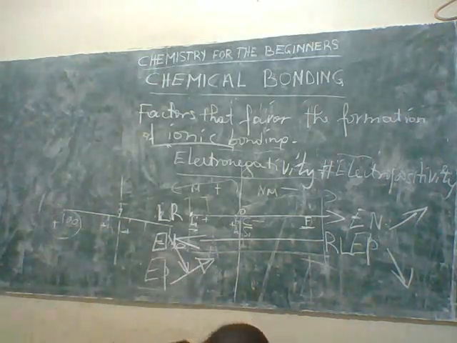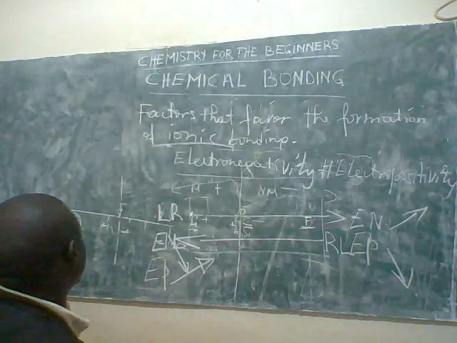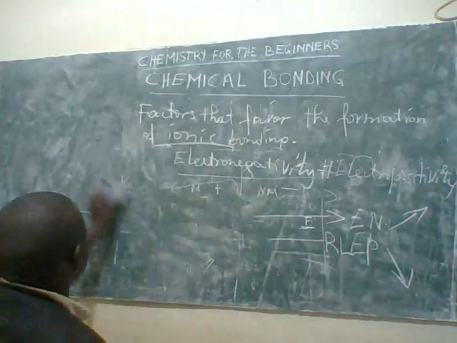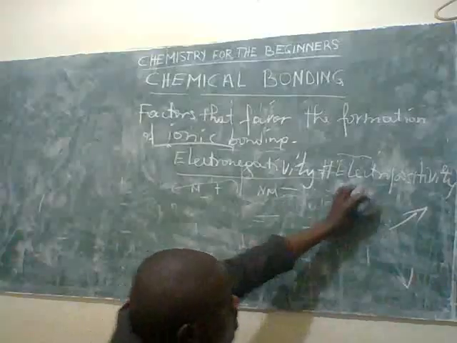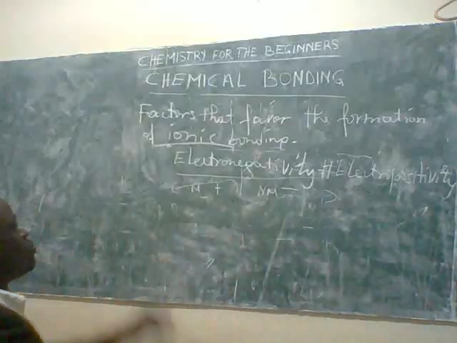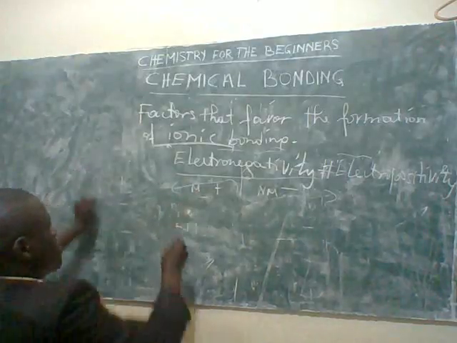So what does it mean? When we say ionic bond, the difference between electropositivity and electronegativity must be too high. For example, let us look at this.